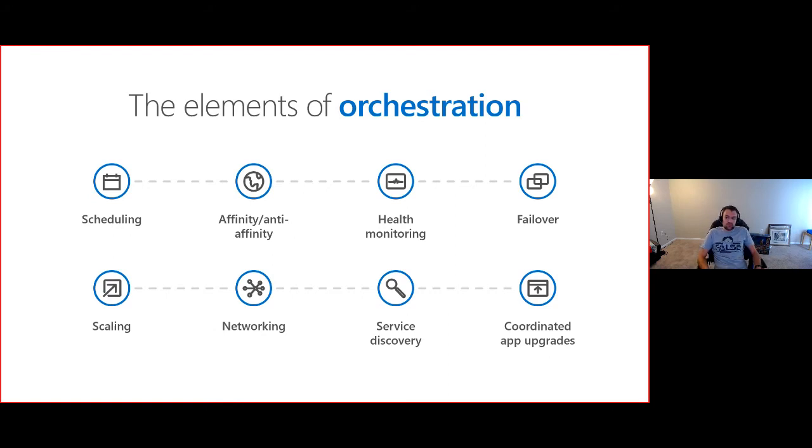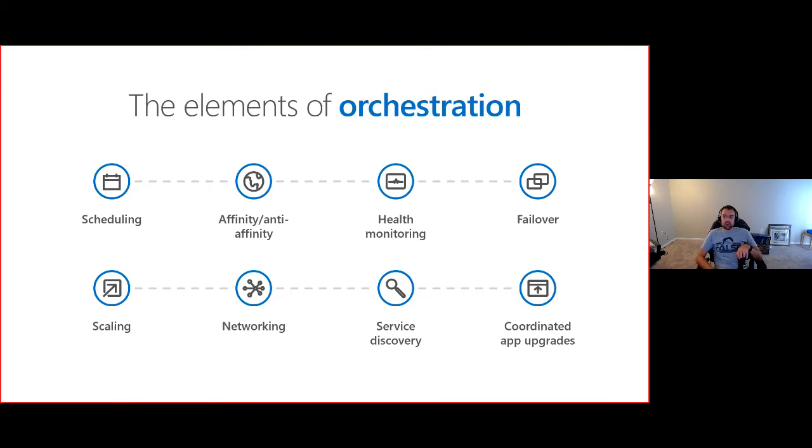It helps with networking, making sure that containers running on different machines can communicate to other containers running on different machines. It can also help with service discovery or resolving names to IP addresses, so different applications can communicate to other applications.